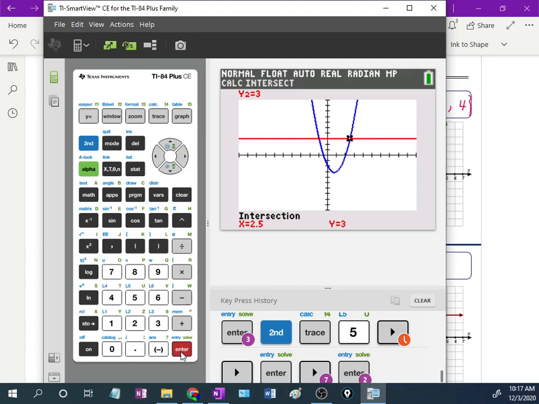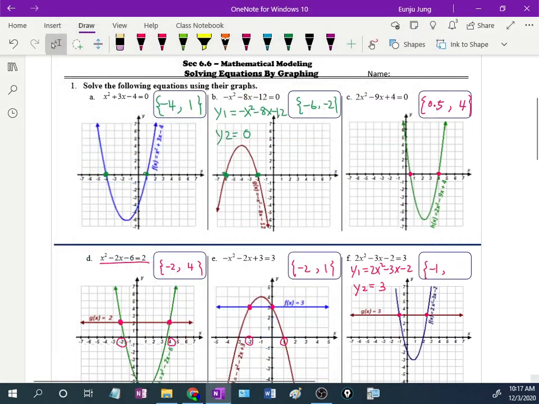Okay, so you can start left bound, the right bound near there, and then we can find the solution. So that was 2.5. So let's answer it. This is -1, and this is 2.5. That's how we use calculator for finding solutions graphically using TI-84.